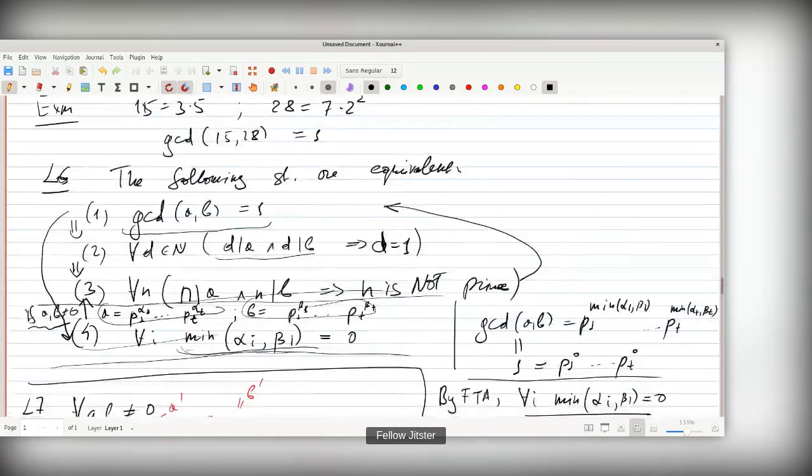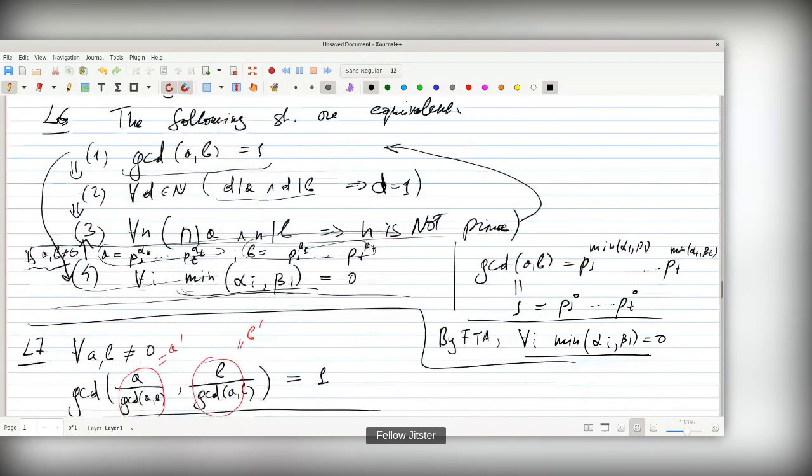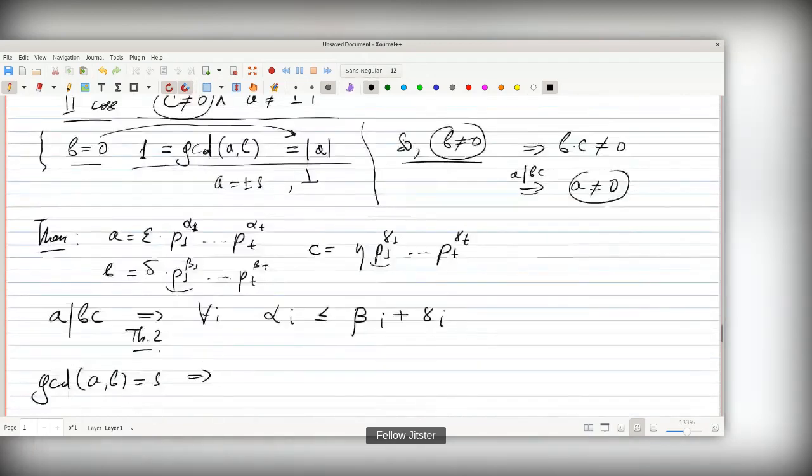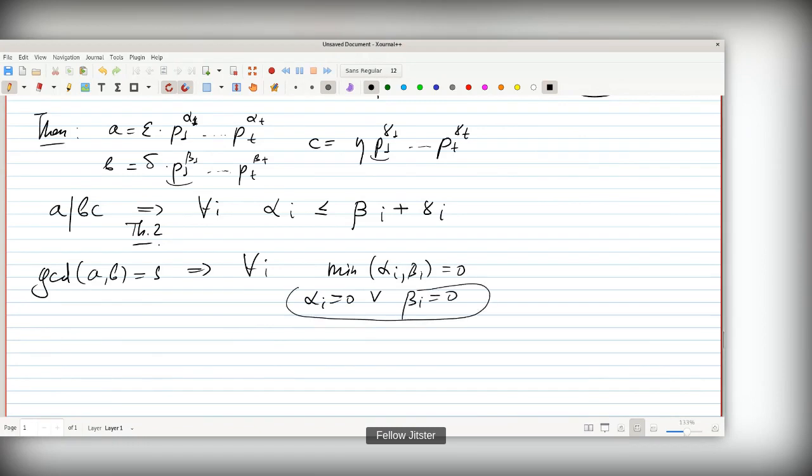If they are coprime and non-zero, that means that the minimum of these degrees, alpha I and beta I, is always 0. Or equivalently, either alpha I is 0 or beta I is 0.